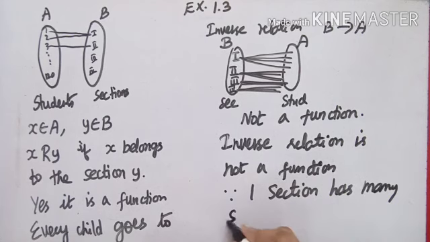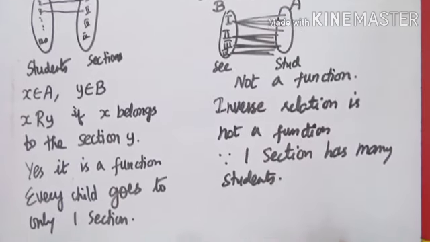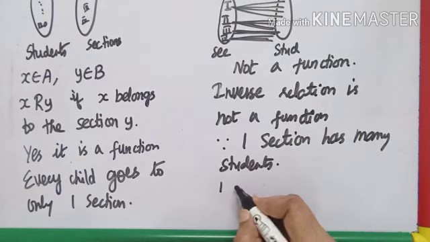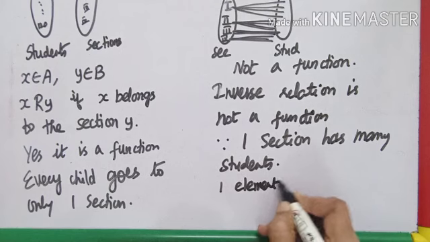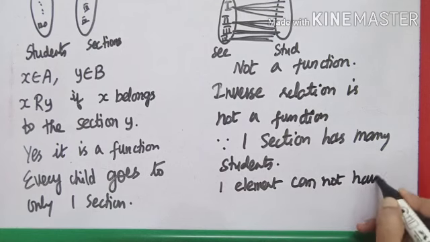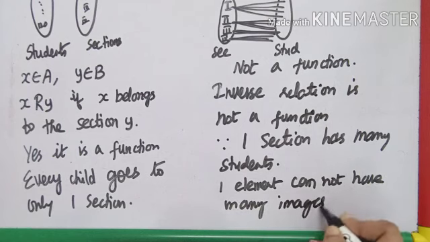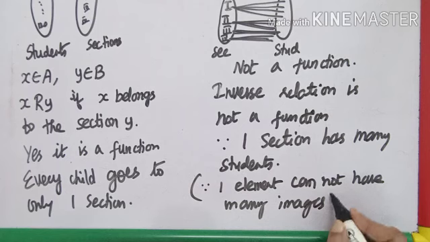So this is the reason why we say the inverse relation is not a function. We can also write in other words, one element cannot have many images. So that is the reason we say it is not a function.